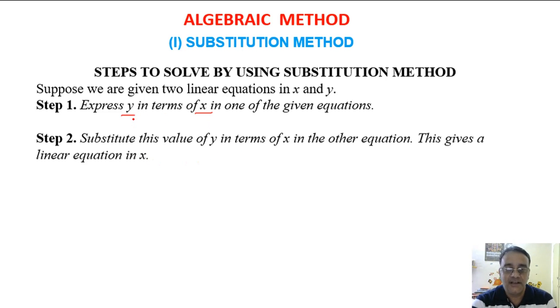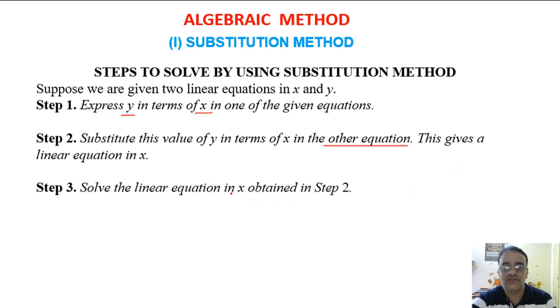Now this y we substitute in the other equation, okay, and that will give a linear equation in one variable, that is x. Then you can find the value of x. Solve the linear equation in one variable x obtained in step number 2. y को सब्स्टिट्यूट करने के बाद जो लीनियर इक्वेशन मिल रहा है वन वेरिएबल का, उसको सॉल्व करके x का वैल्यू फाइंड करना है.